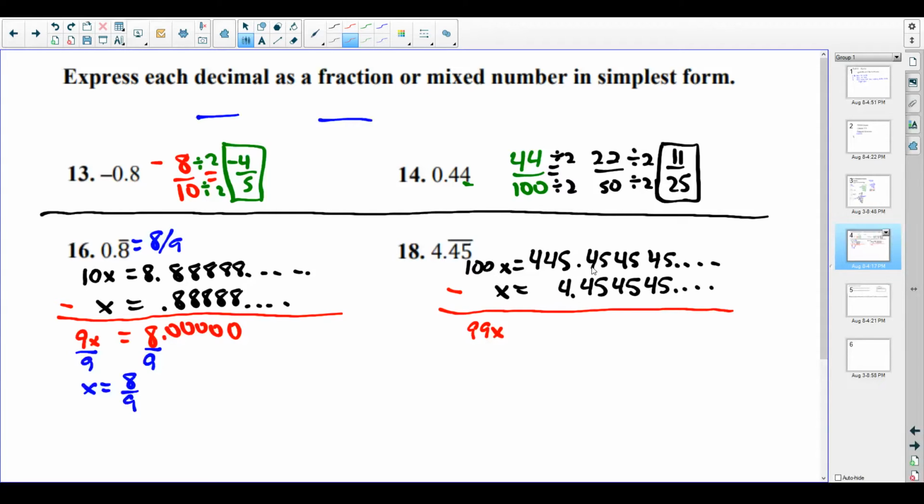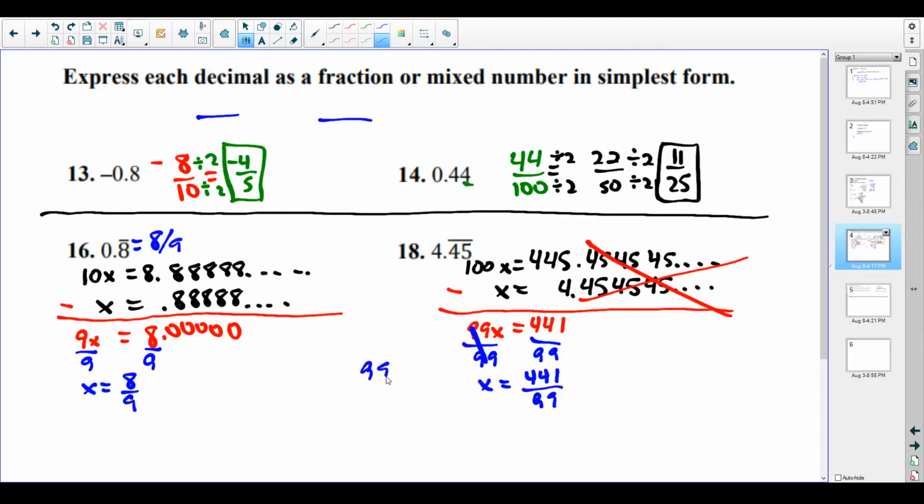Again, all these decimals are going to cancel each other out. So all I have left is 445 minus 4, which is just 441. And then I want to get x by itself. So I'm going to divide by 99. So I'm left with x equals 441 over 99.